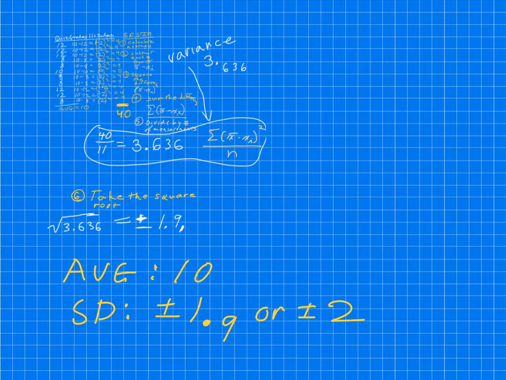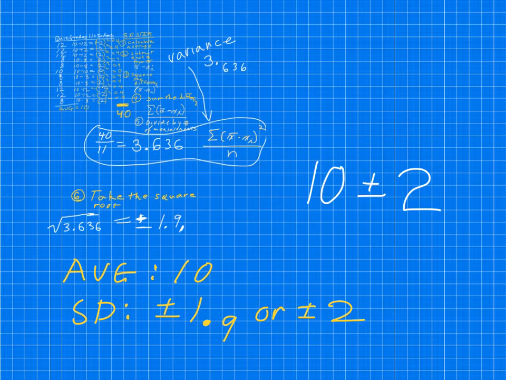So the best way to talk about this data set, if we wanted to characterize how the class did on the quiz, is to say the class had an average of 10 plus or minus 2 points, meaning that the class had an average of 10, but most people scored somewhere between 12 and 8. And that's what your standard deviation does. It helps you realize how large the set of data is spread around the average.